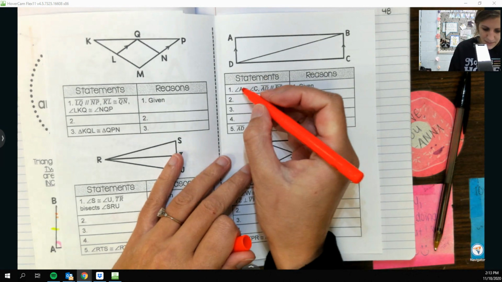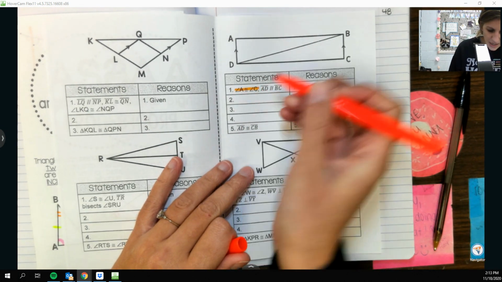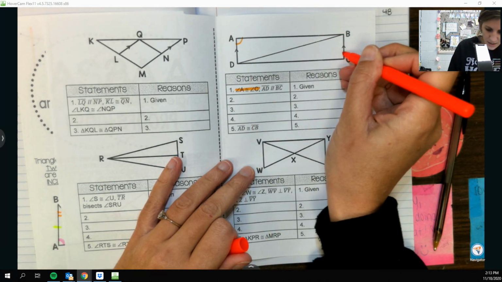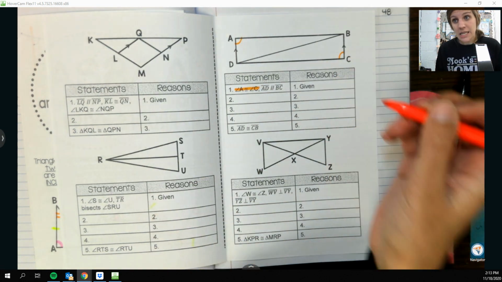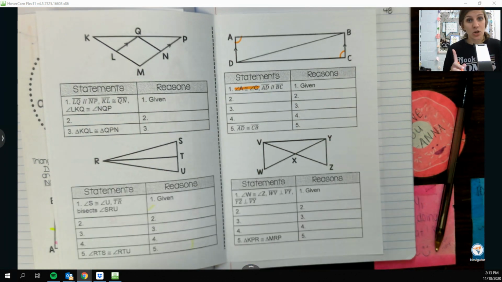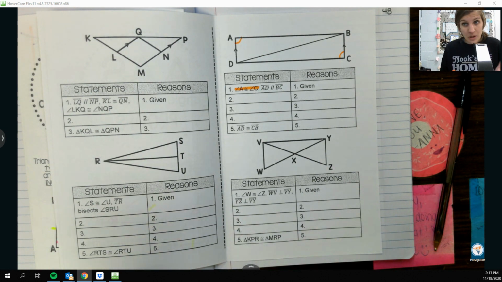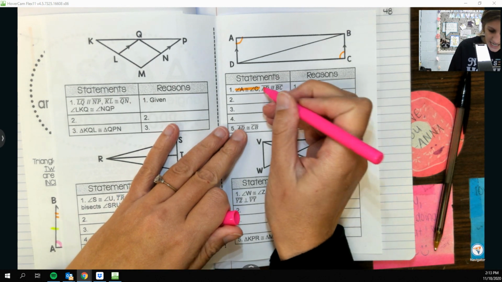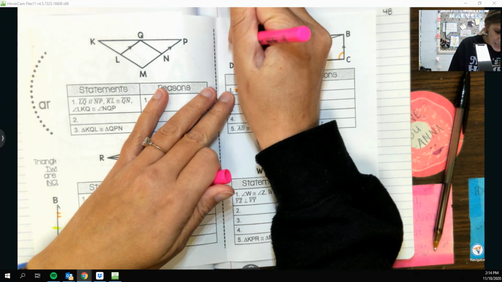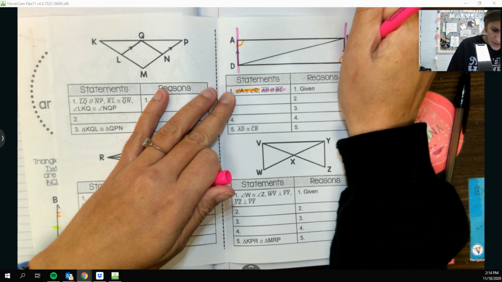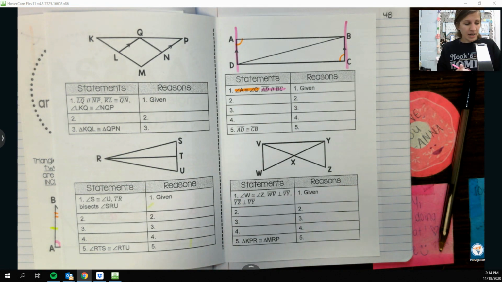So first thing they tell me up here is that angle A is congruent to angle C. It looks like you could put a box there, but they didn't tell me it was 90, so I shouldn't. So straight up, those angles are just equal. Then they tell you that AD is parallel to BC. So I like to always make my parallel lines a little longer.